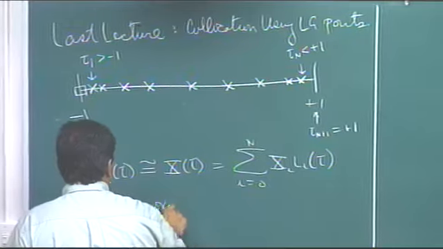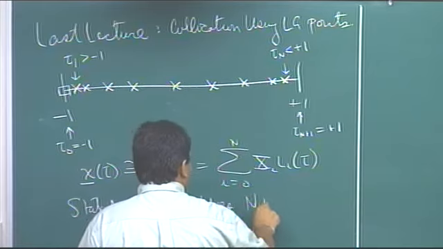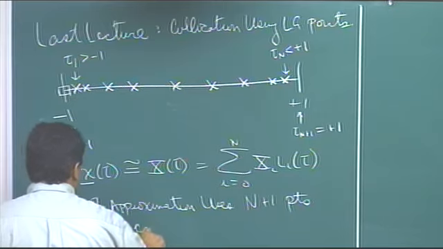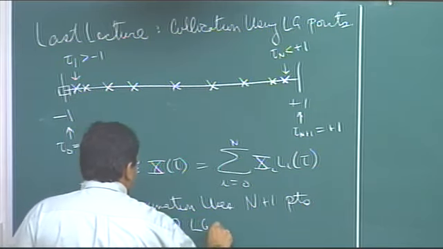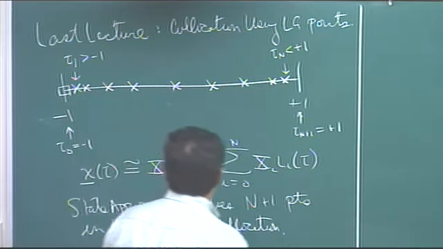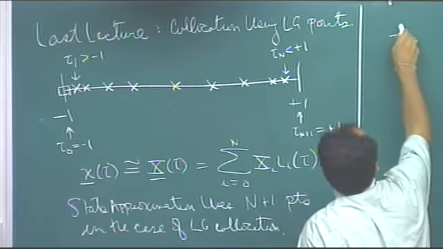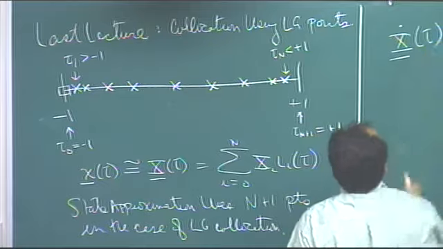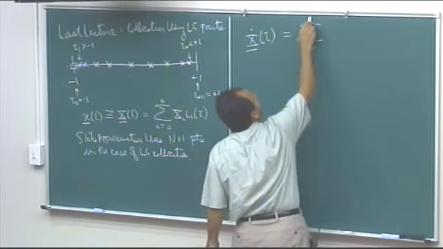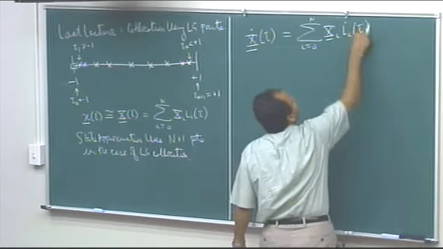So the state approximation, if you remember correctly, uses n plus 1 points in the case of LG collocation. And then what we did was we constructed from this the derivative of the state approximation, which I called x dot of tau, equal to the sum from i equals 0 up to n of xi times li dot of tau.